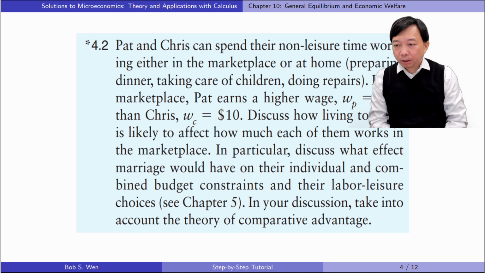Discuss how living together is likely to affect how much each of them works in the marketplace. Discuss what effect marriage would have on their individual and combined budget constraints and their labor-leisure choices. In your discussion, take into account the theory of comparative advantage.